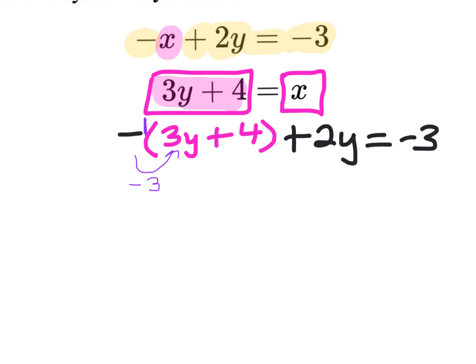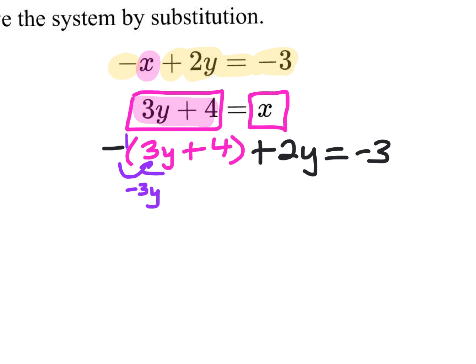And because I have the y, it's a -3y. Then I'm going to do -1 times 4. -1 times 4 is -4. Again, this one doesn't have a y, and this one does have a y, so I can't combine them, so I need to put that minus in between them. Then I need to bring everything else down from the equation, so the plus 2y is still part of the equation, and the equals -3.